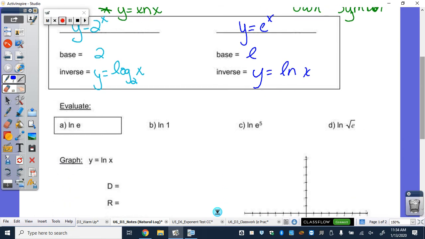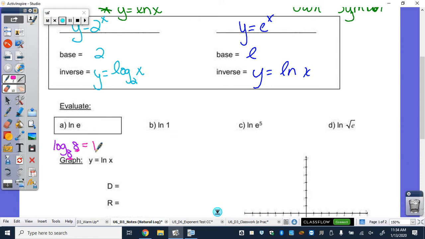So evaluating is very similar to evaluating logs. Logs means you're finding the exponent. ln means the same thing. You are finding your exponent. ln of e, this is kind of like what we were just doing on our warm-up. Whenever your base and this number are the same, it always simplifies to a 1. Same thing happens with ln of e.